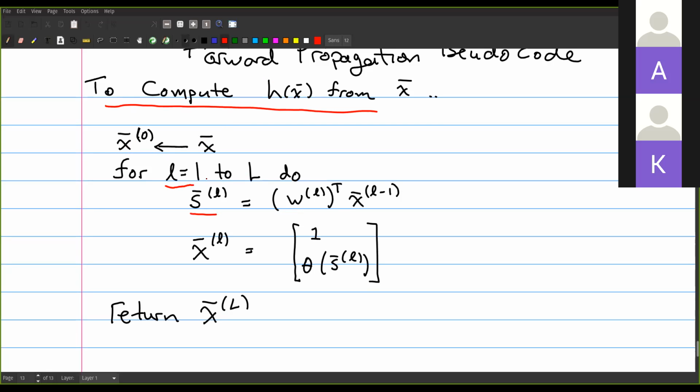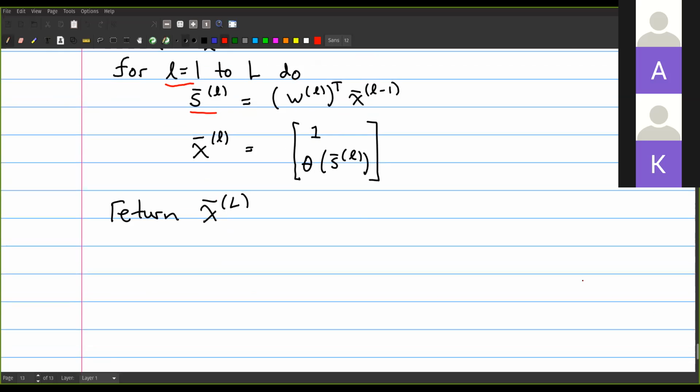So you go from x0 to S1, for example. And then once you have the inputs, you go to the outputs of that layer. It's just 1, that's the output of the bias. And then remember, this is broadcast notation, and it gives you like a vector of output values. And then finally, you just return XL, which is the output from the very last layer.